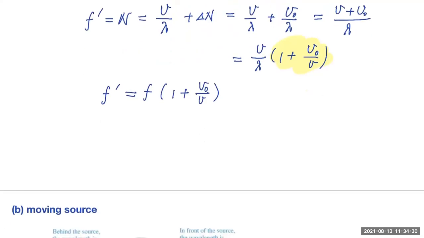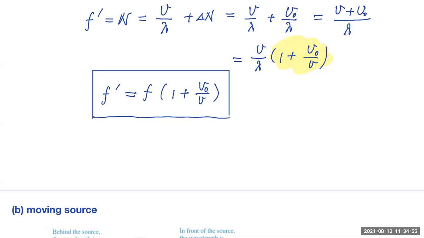This is the new frequency heard by the observer as he approaches the source with the speed VO along the line connecting the source and the observer. He has to move directly towards the source, otherwise he's not cutting into extra wavelengths. So the directional motion of VO here is from the observer towards the source.